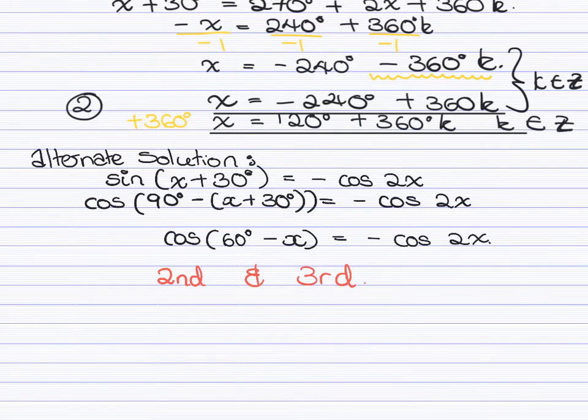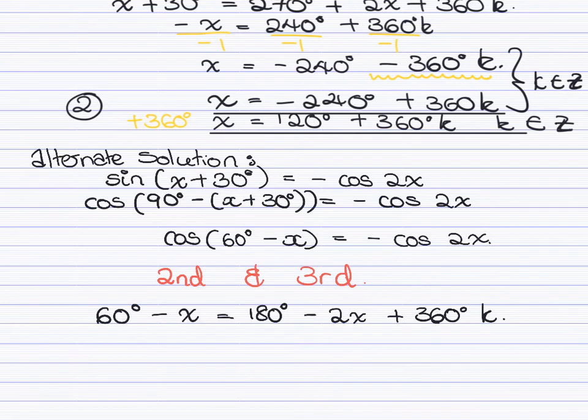In the next section, this is where you will then express 60 degrees minus x being equal to 180 degrees minus 2x, plus 360 degrees k.